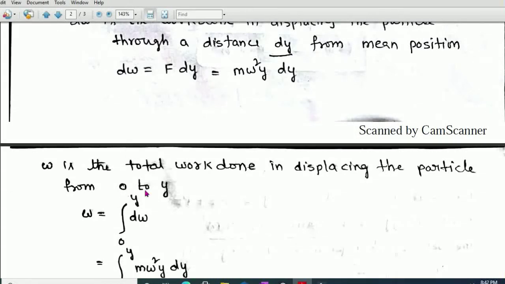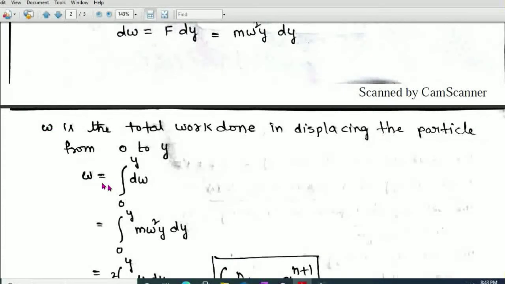This total work done is stored in the form of potential energy. Integration of the small work done gives the total work done. So W is equal to integral dW with limits from 0 to y. What are these limits? 0 is called the initial point.